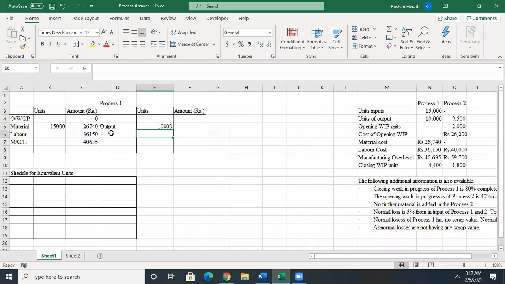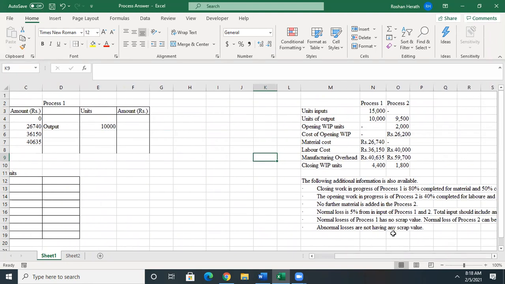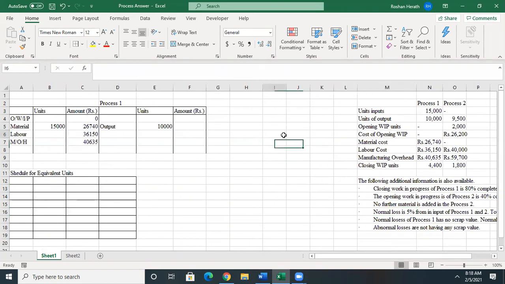Then you have the closing WIP as well. Before that, let us check whether there is any abnormal loss. The question says that the normal loss is 5% from the input of process 1 and 2. The total input should include any opening work in progress. Any opening work in progress must be included.